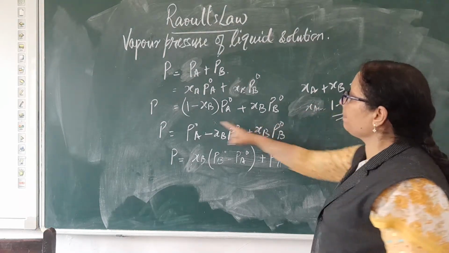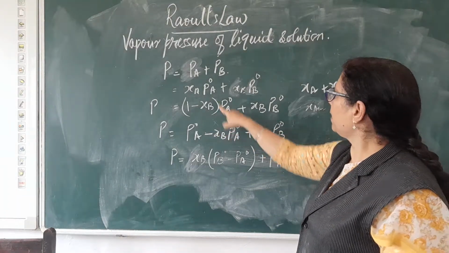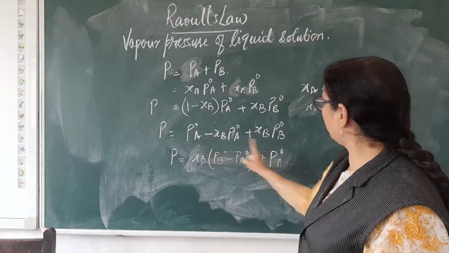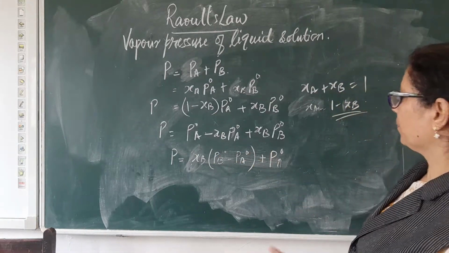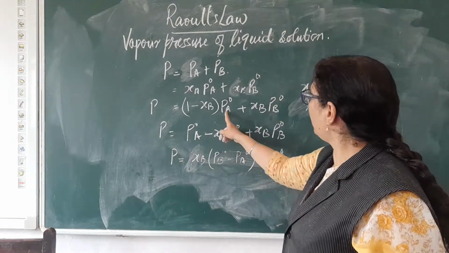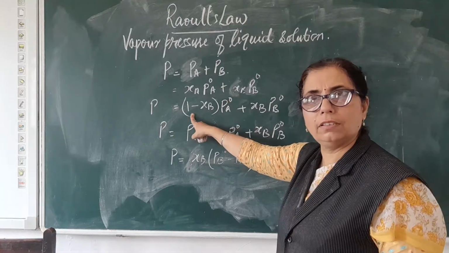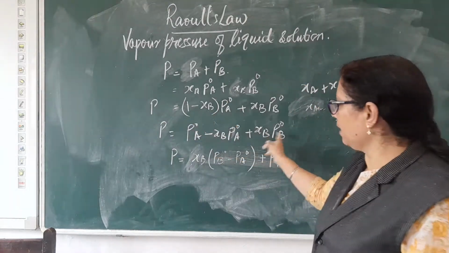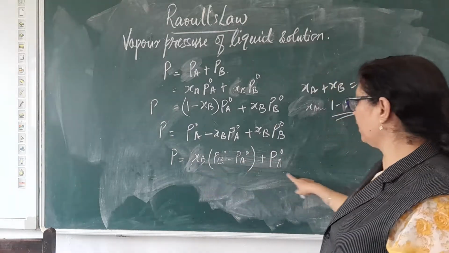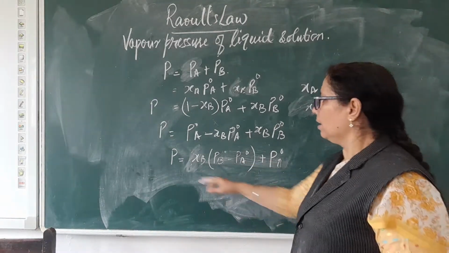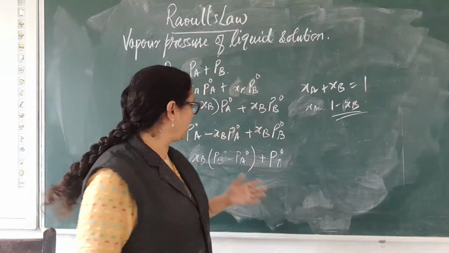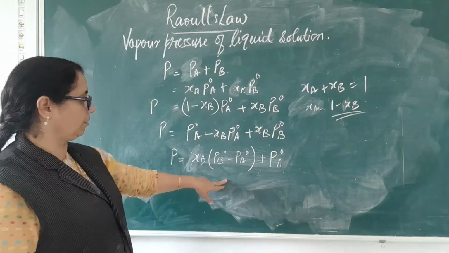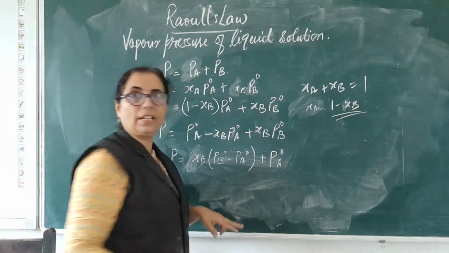This value can be substituted here, and then solving further, taking out the common factor, multiplying P naught A with 1 minus XB, we get this equation, and then taking out the common XB, we get the final equation giving the total pressure exerted by the two miscible liquids which are volatile in nature. So, this is the equation we are getting.